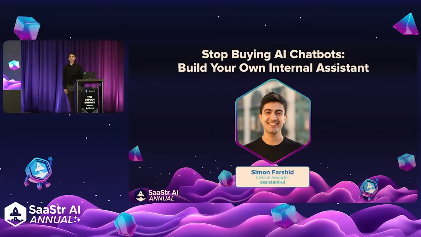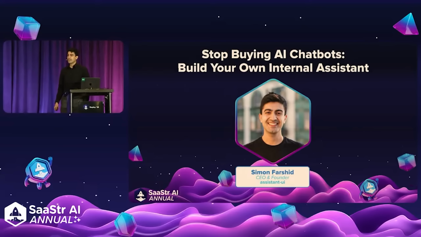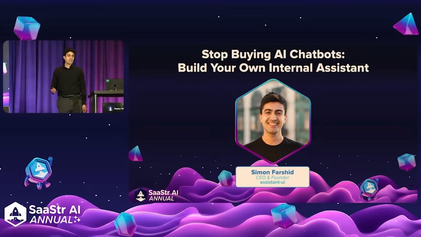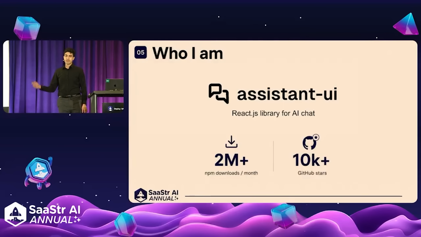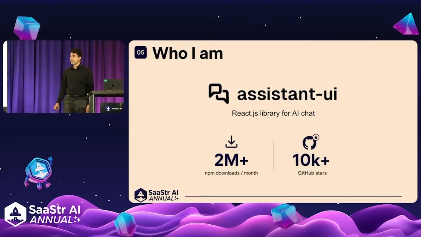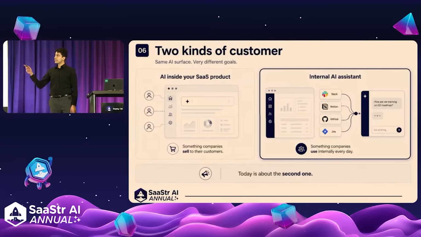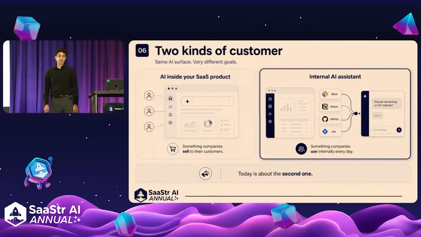Hey everyone, my name is Simon, and I'm here to talk to you about building your own internal AI assistants. Quick intro about myself. I work at a company called Assistant UI. We build a React.js library for AI chat. We're widely used for two reasons. One is to build AI inside your SaaS products.